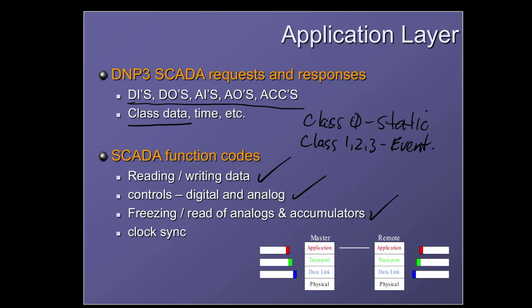We're going to see the freezing operations where we freeze a value when we want to record a specific snapshot of conditions at that time. And then, of course, we have the means of synchronizing clocks by writing time and date to devices to make sure we have a synchronized event time across your whole network. So that's really what's going on at the application layer.